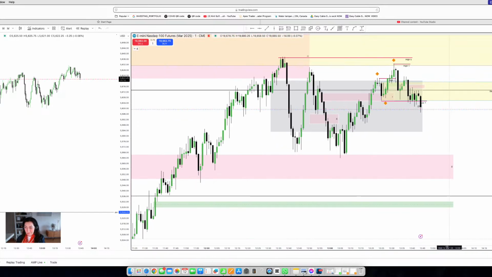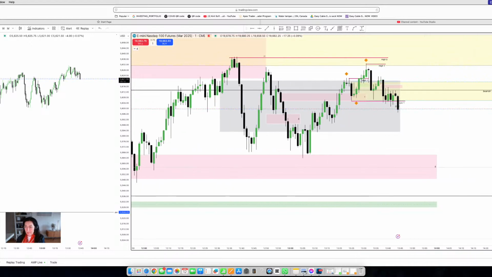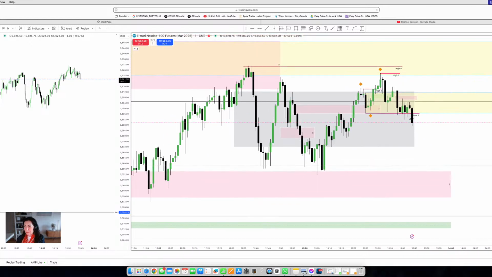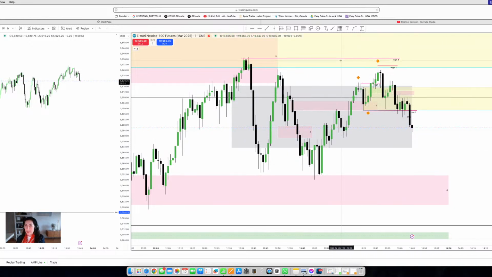It's nice that price comes back into the OTE. So let's see if price returns to the bearish breaker.